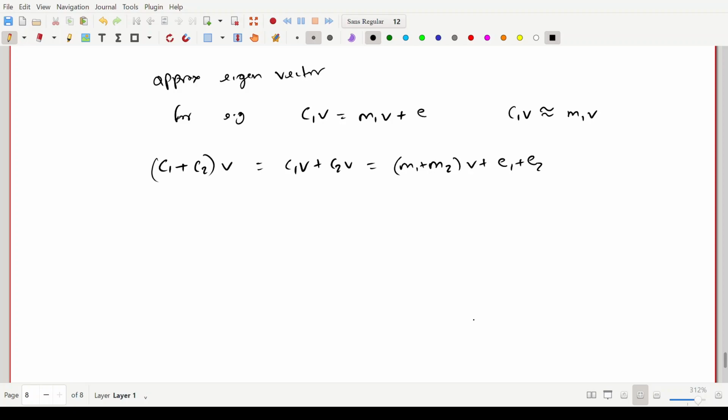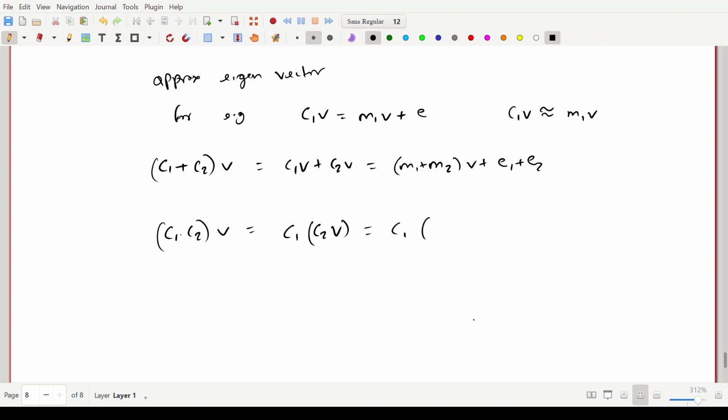So what about multiplication? If I have C1 into C2 multiplied with V, let me write C1 into C2 into V. So C1 into, what is C2 into V?